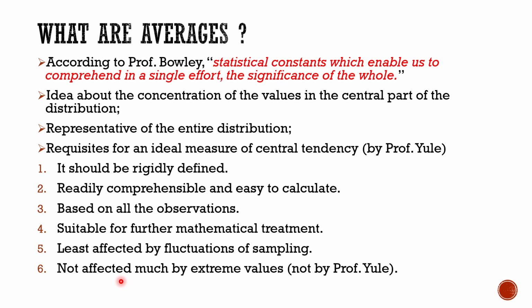So an ideal measure should not be affected much by extreme values. For example, if we have three observations with values 1, 50 and 99, and we take the average of 1 plus 50 plus 99 divided by 3, then the average value would be very affected by the least and the highest value, so this should not be there for a measure of central tendency.